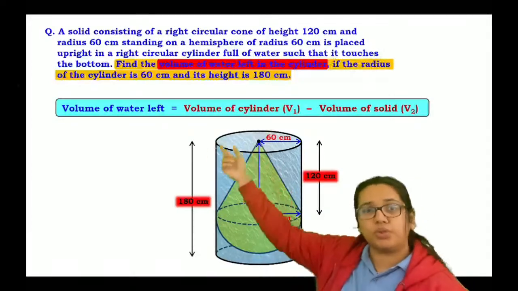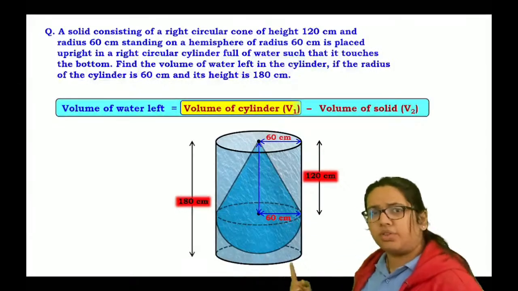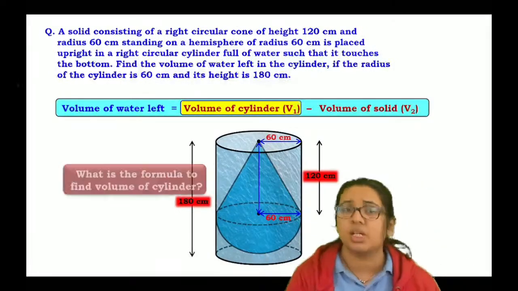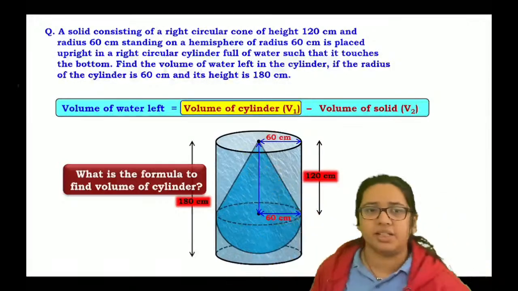We just have to go for that volume. Volume of a cylinder is nothing but pi r square h, because we have the value for radius as well as its height.